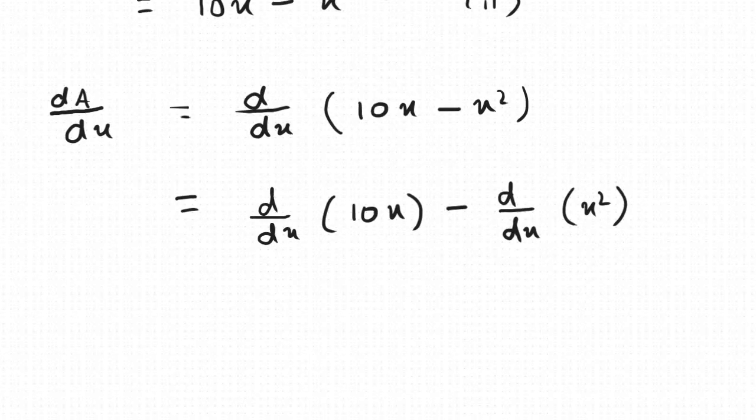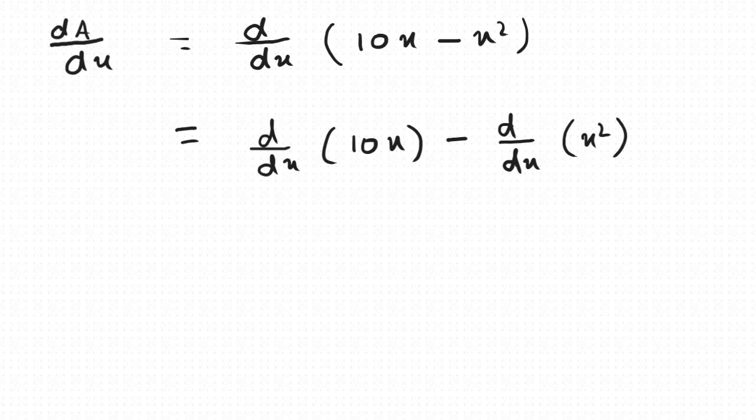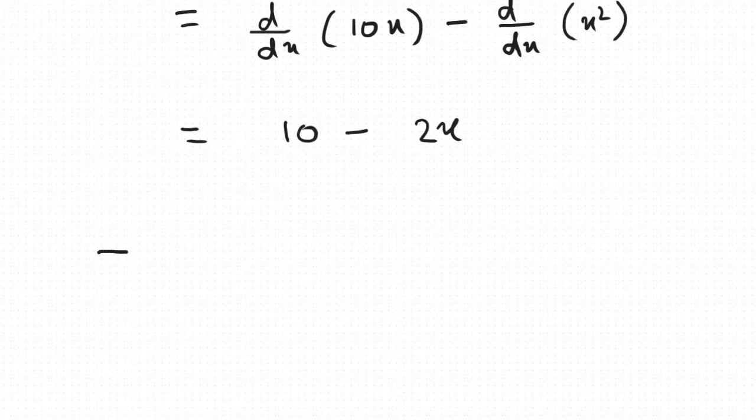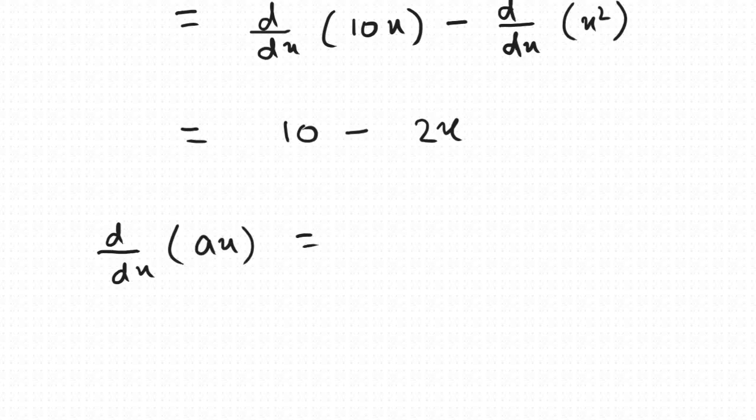Then we can write d/dx of 10x equals 10 minus d/dx of x square equals 2x, because from the differentiation rules we know d/dx of ax equals a.